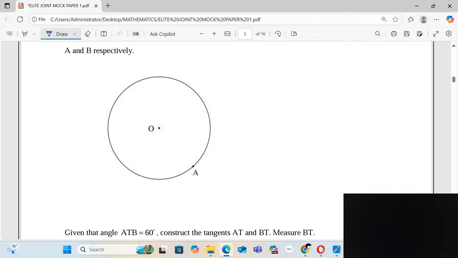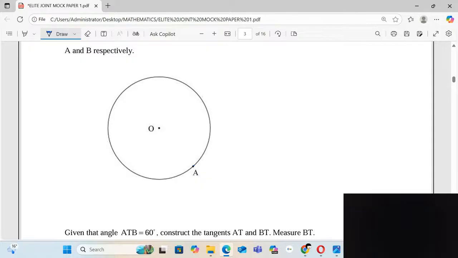You can use your compass, ruler, and protractor so that we can go together. The first thing, you are given point A, and this is O. So you have to look for point B, and then point T, and then measure BT.